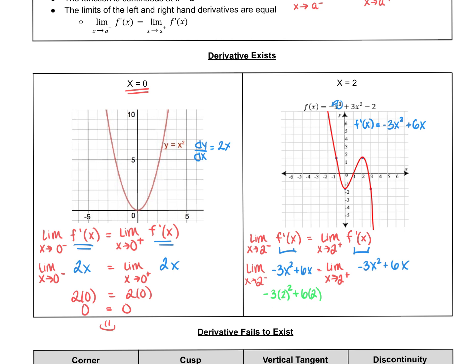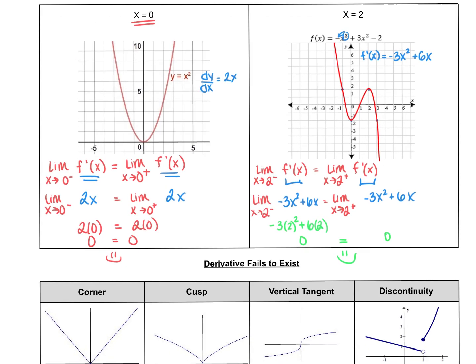Negative 12 plus 12 gives us 0. And this gives us 0, obviously, same thing. So the left and right hand sides are equal. Therefore, the derivative would exist at x equals 2. Now, it just happens to be a coincidence that these both are 0. It won't always happen like that.